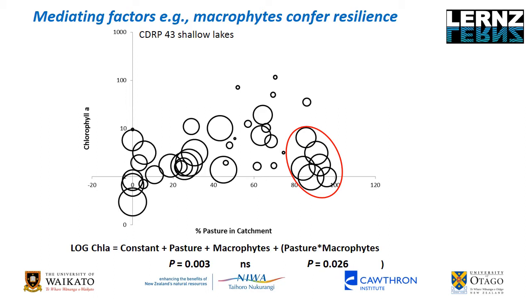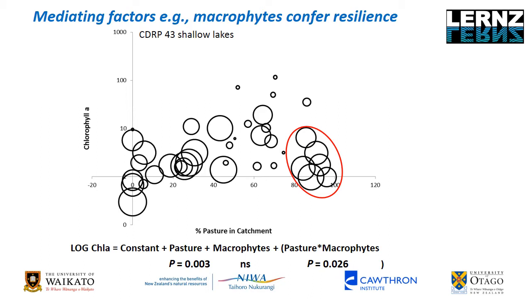What we see here is the expected positive relationship between chlorophyll and agricultural development in the catchment. But actually there's quite a lot of variability at the high end of percent pasture.